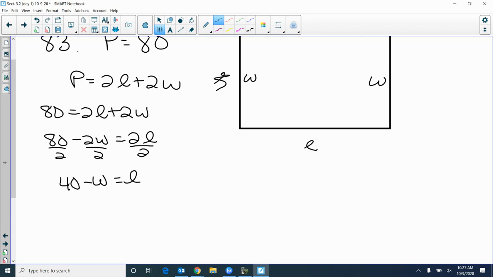Where do I go from here? What am I trying to maximize? Area, right? Area is length times width. And we don't know what either of them are.